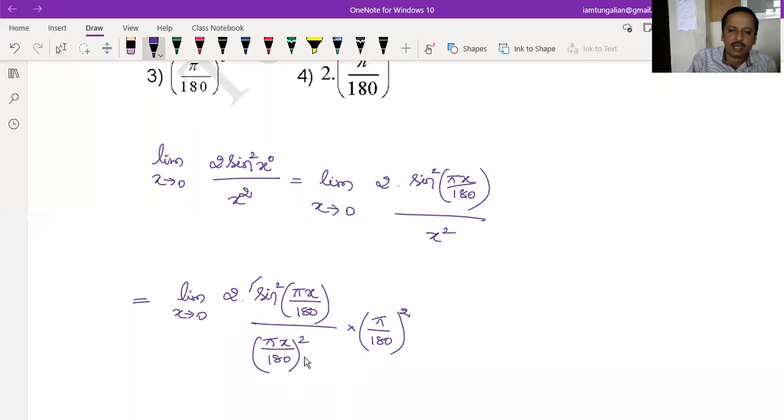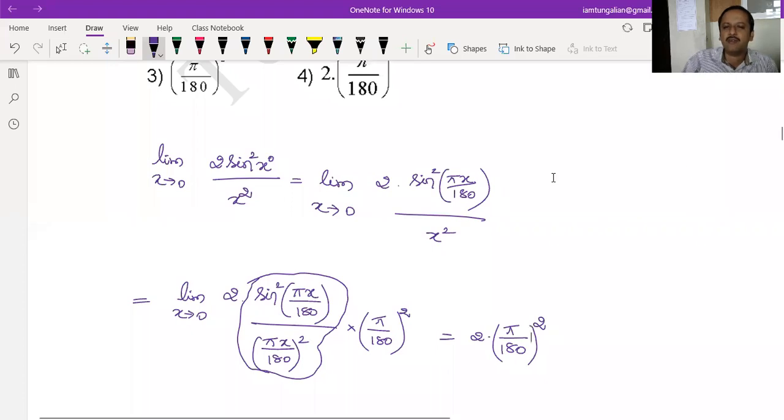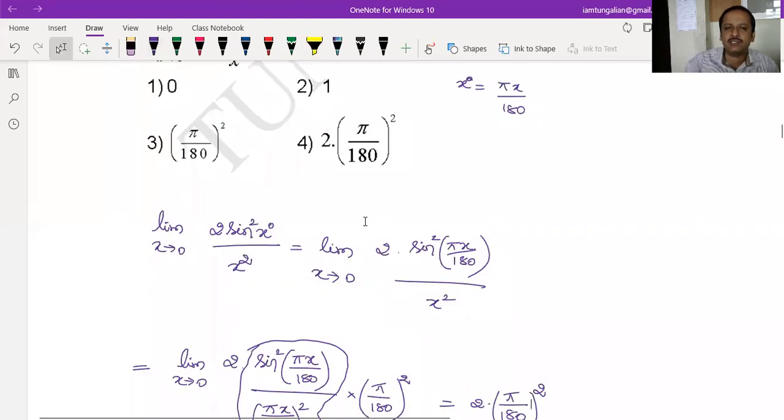So sin square pi x by 180 divided by pi x by 180 whole square will be equal to 1. So we are left with 2 into pi by 180 whole square, which is the fourth option. That's the correct answer.